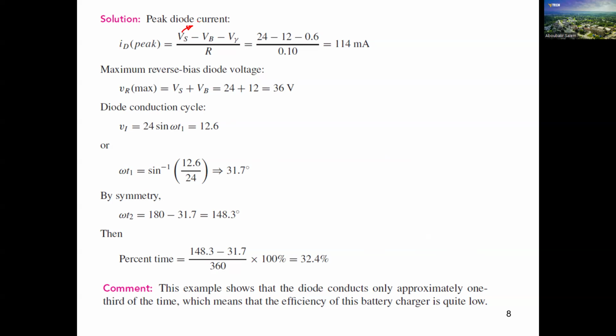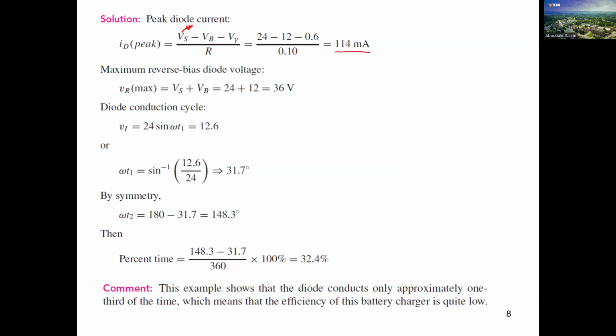So 24 is the peak value. So 24 minus V battery, which is given as 12 volts, minus V gamma, which is given as 0.6, divided by R, which is our limiting resistor, 0.1 ohm. This gives us 114 milliampere. So this is the peak value of our current.